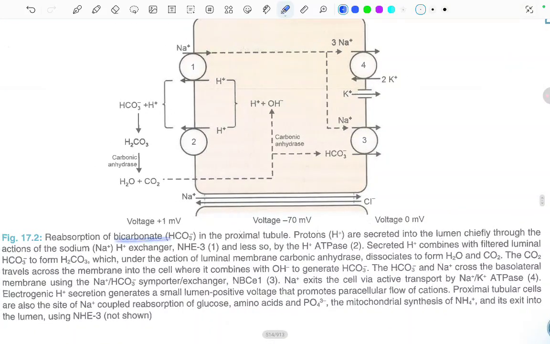Reabsorption of bicarbonate in the proximal tubule. The protons, H plus, are secreted into the lumen, chiefly through the actions of the sodium hydrogen exchanger. We are reading about how the reabsorption of bicarbonate in the proximal tubule occurs.